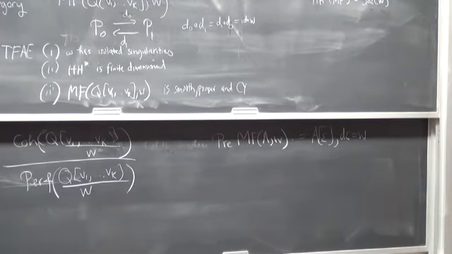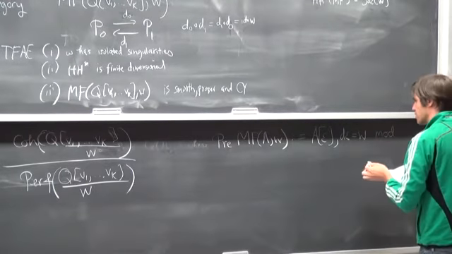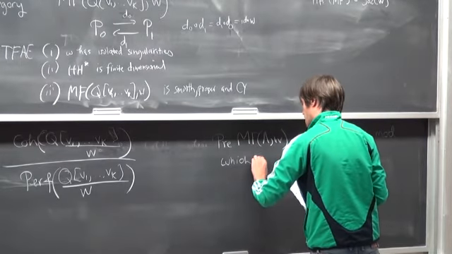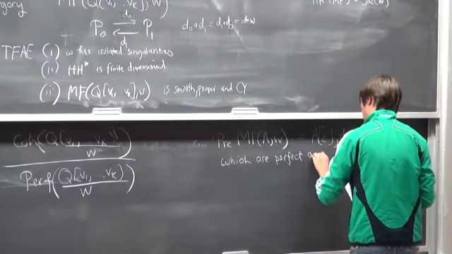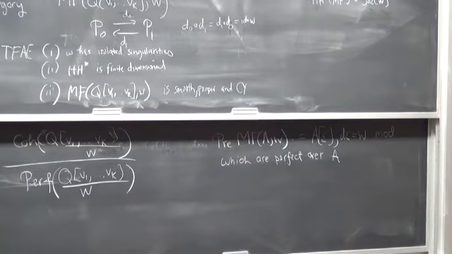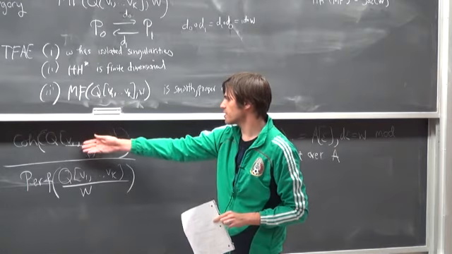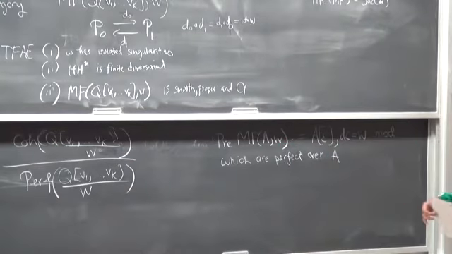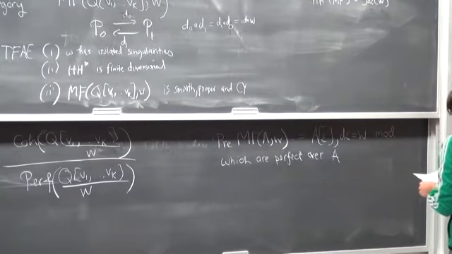So pre-MF is the category of modules which are perfect over A. If you have a coherent sheaf on this, it's perfect over the polynomial ring, because any finite dimensional module is perfect over the polynomial ring, and that's Hilbert's theorem.